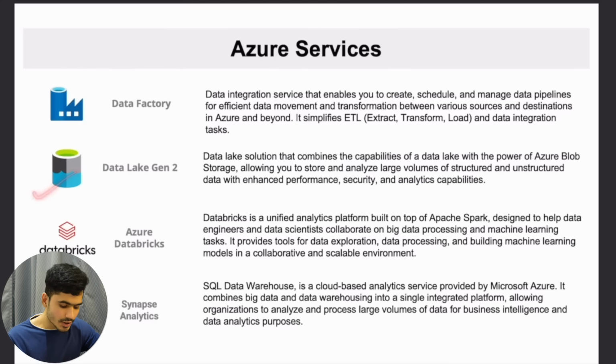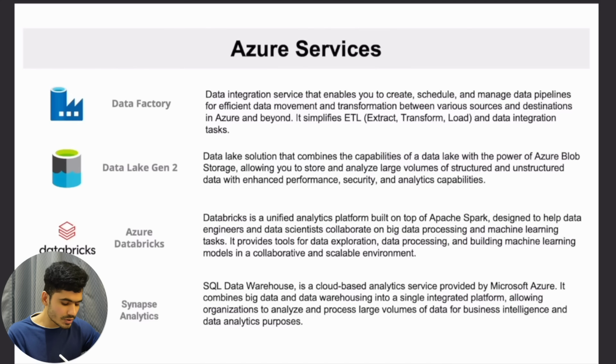Then we have the Data Lake Gen 2. This is the solution that combines the capability of a data lake with the power of Azure Blob. Now Azure Blob is basically object storage, where when you store a file on Azure Blob, it is considered an entire object. It is the same as Amazon S3 or Google Cloud Storage, where you cannot have a hierarchical manner of data storage. So inside the bucket, each and every file is considered an object.